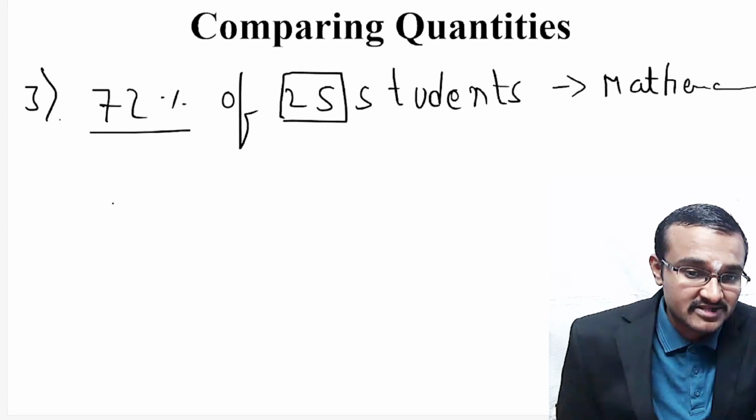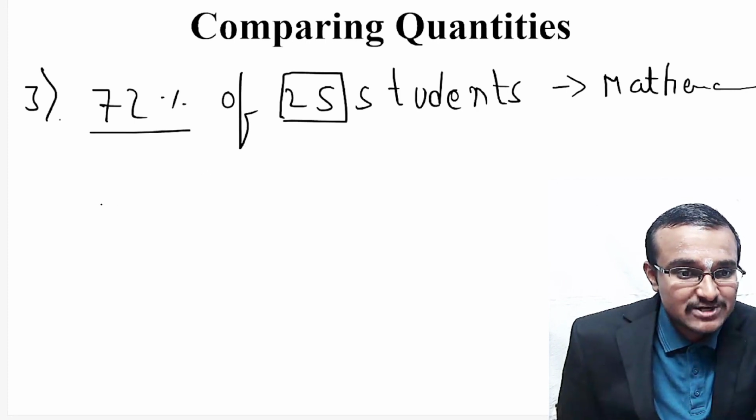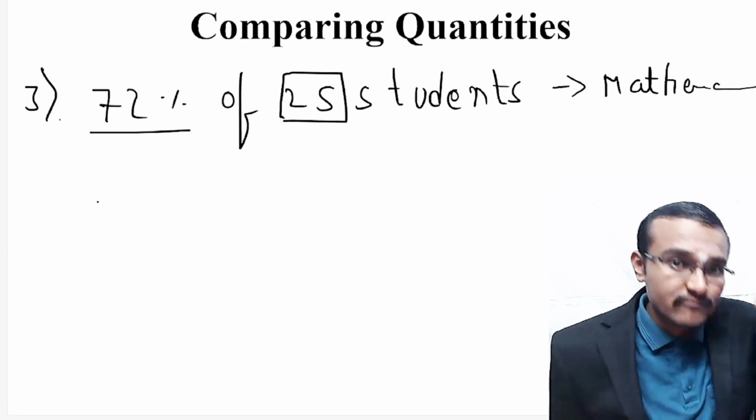For this, you should take 72 percent of 25.